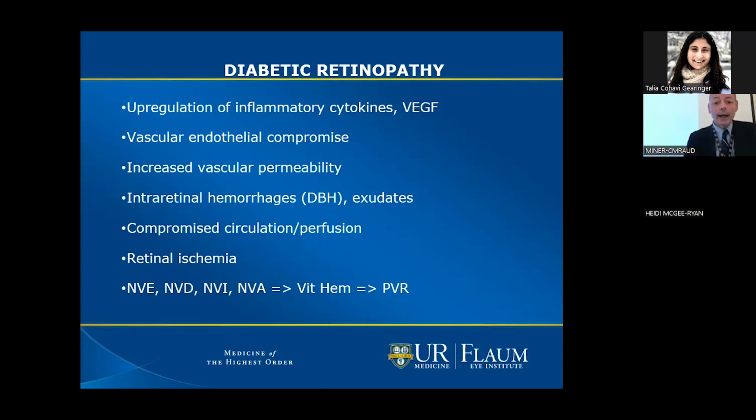Now, early on, you may just see small little intraretinal hemorrhages, or what we sometimes refer to as dot and blot hemorrhages. You can see exudates, which are leakages from the blood and the serum as well into the tissue. And that sets up this whole situation for compromised circulation and perfusion, leading to retinal ischemia.